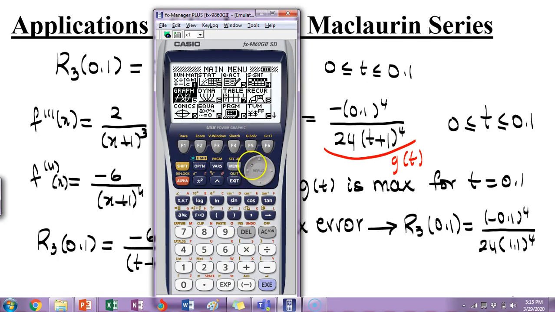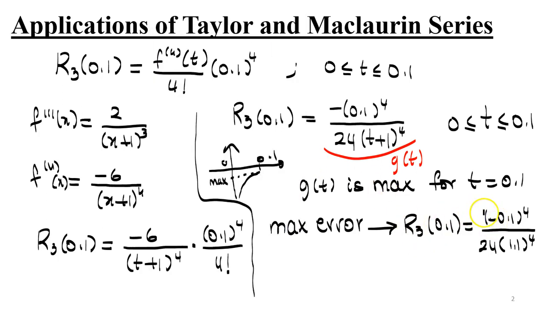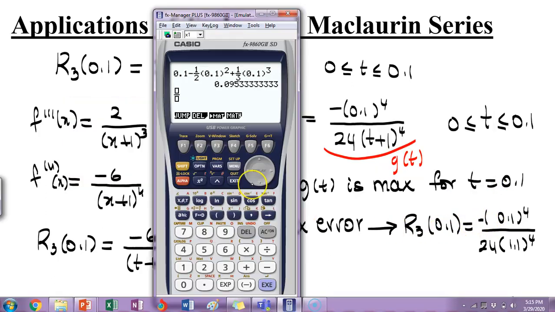So going back to the menu would actually help me evaluate this. So okay, the negative is outside the parentheses.